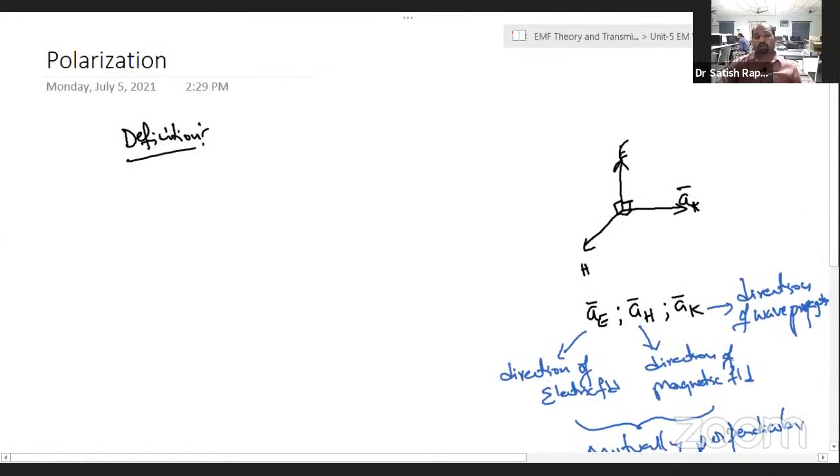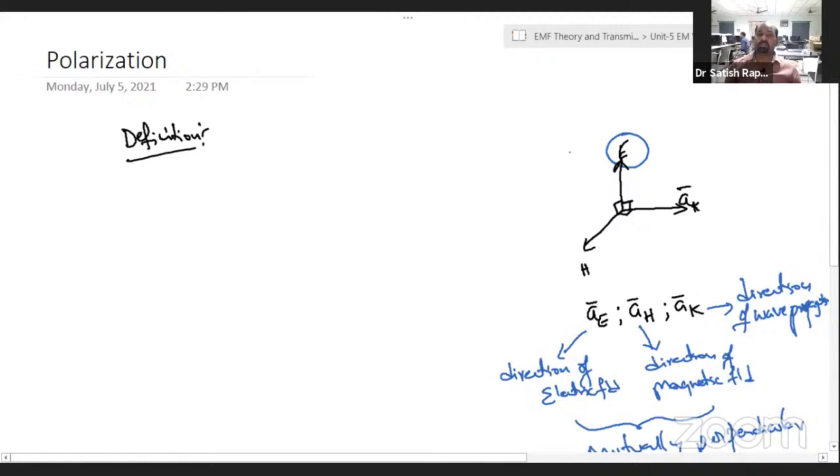So therefore the polarization is defined in terms of electric field component. That means when wave is propagating in a media, how electric field is changing, how electric field is oriented with respect to time, and that is defined as polarization, right?